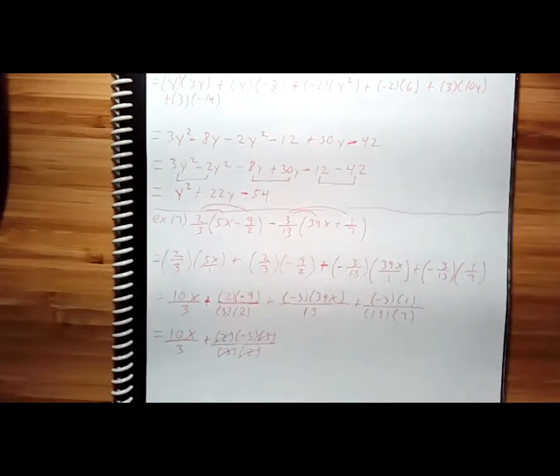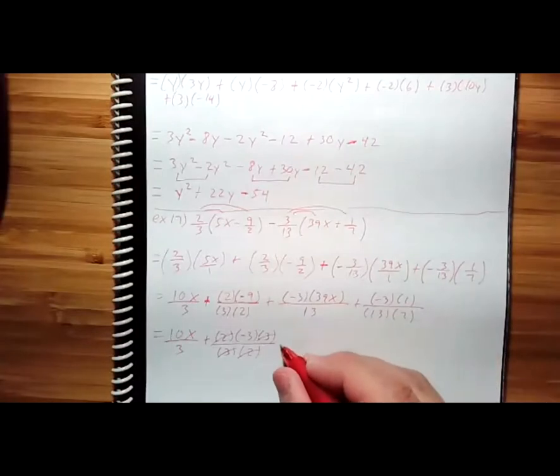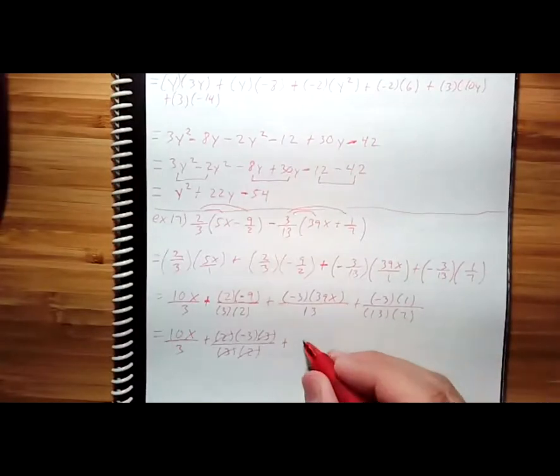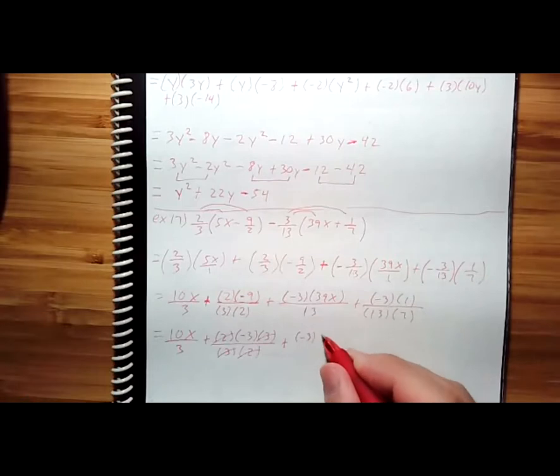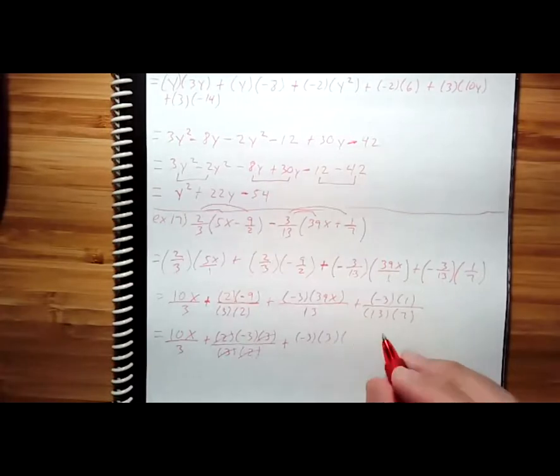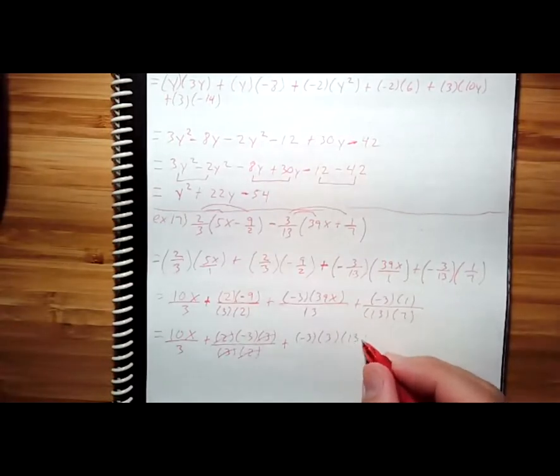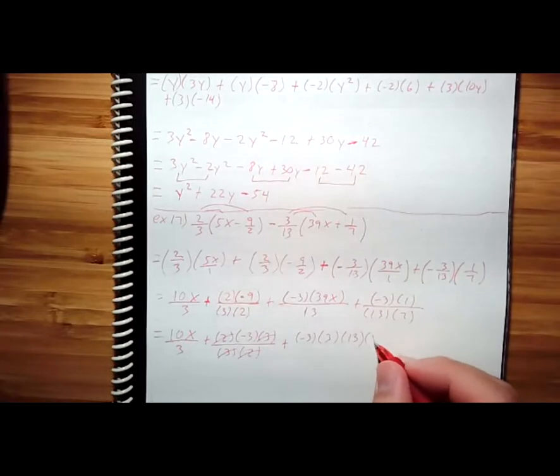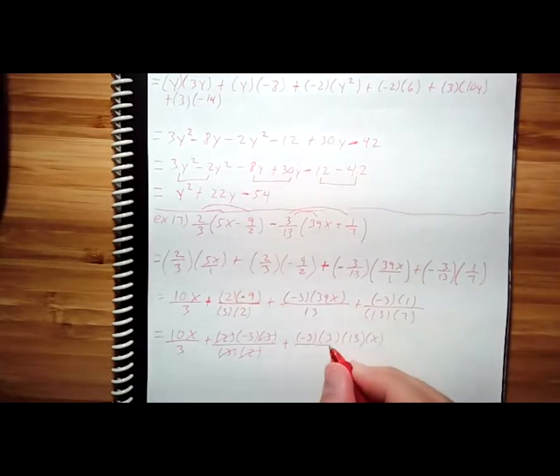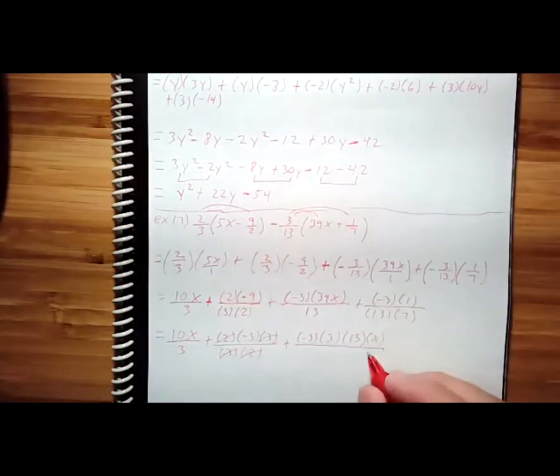So now I'm sure I don't have to worry about reducing. This guy, 13 goes in 39 3 times, right? So that's actually 3 times 13. And you can always separate the x if you want to. It doesn't make a difference, but if this feels better, feel free to do it.